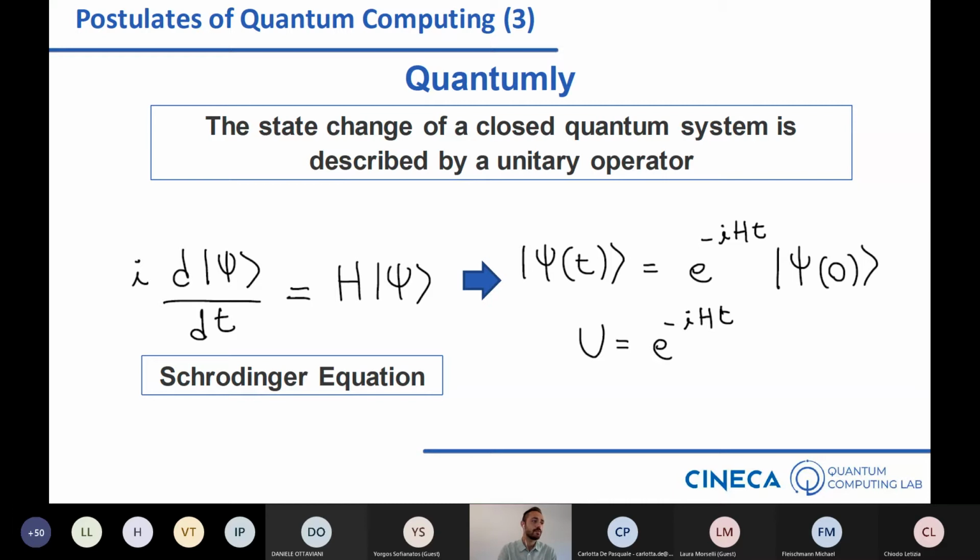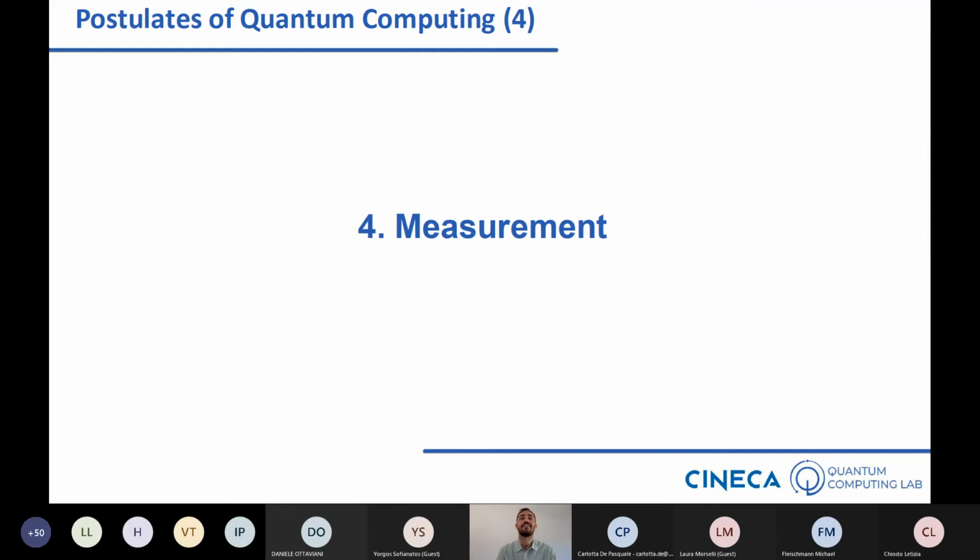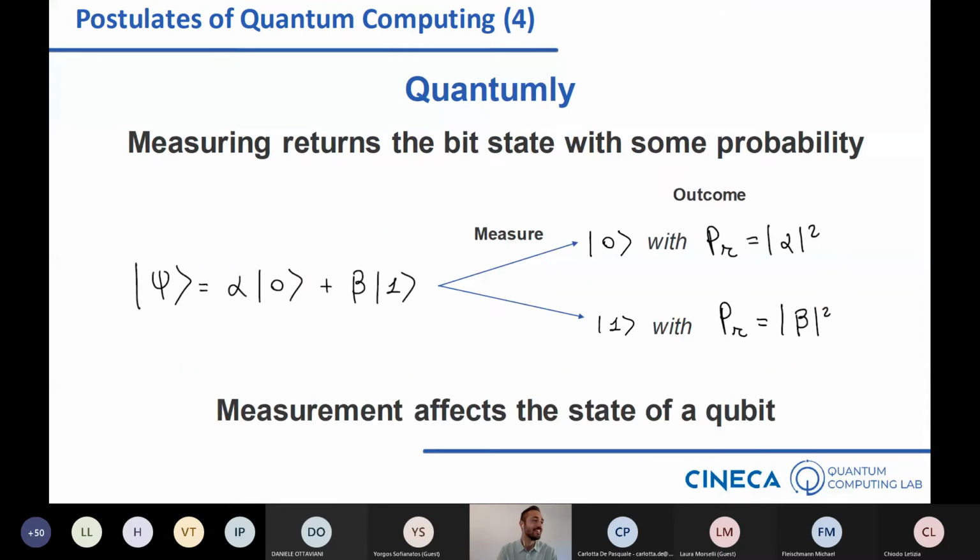Because the eigenspectrum is real, energy is real, momentum is real. The observables need to have real values. Yeah, that's true, for sure. Okay, thank you.